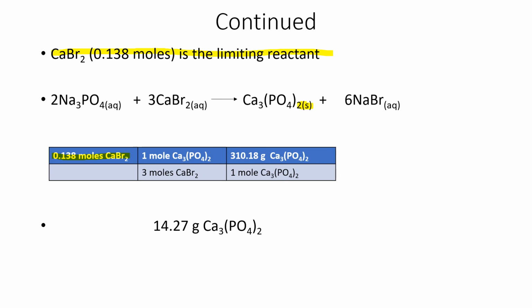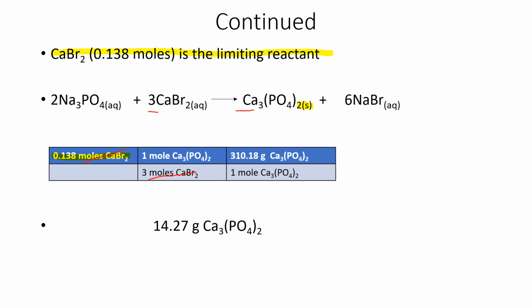We need to relate that to the product that we're going to form, the calcium phosphate, and we see with our balanced coefficients, the ratio is 3 to 1. That's going to be our conversion factor. So moles of calcium bromide would then cancel out. The current unit we're at would be moles of calcium phosphate. We're going to figure out how many grams of calcium phosphate that would be. Figure out the molar mass of calcium phosphate.